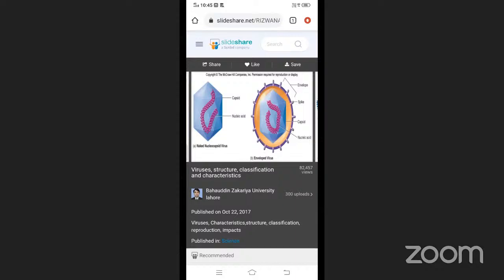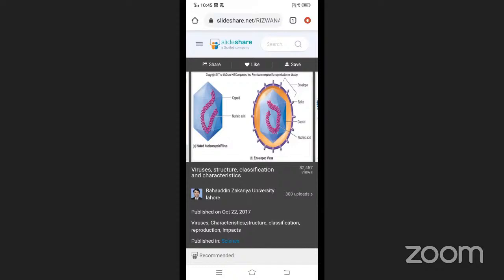Those subunits we call capsomeres. So a number of capsomeres come together to form a capsid layer, which surrounds the nucleic acid. They can be seen only under the electron microscope.